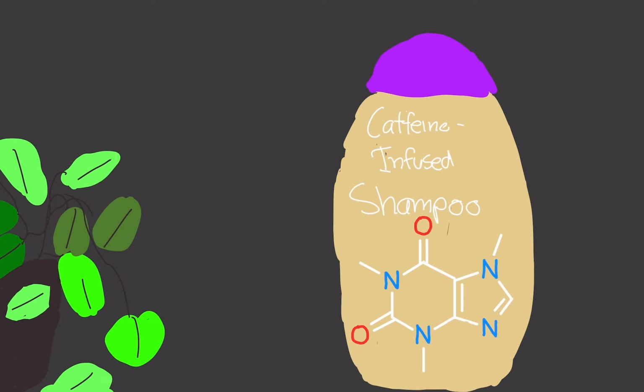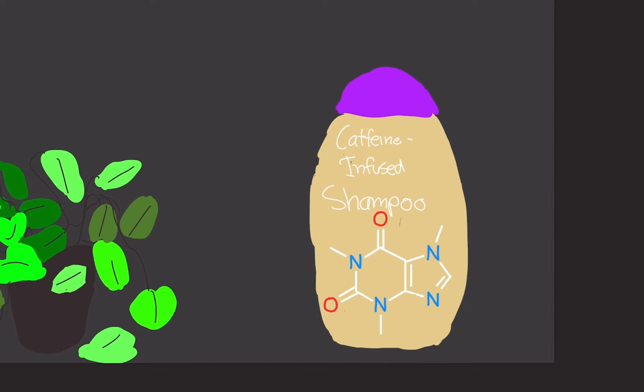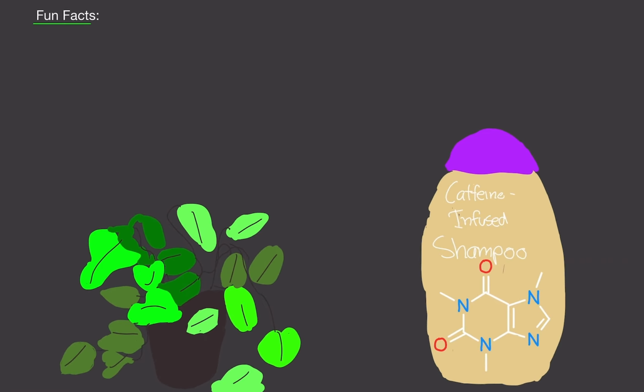Now, you may see this in a grocery store, like a Target, Walmart, or wherever you're from: caffeine-infused shampoo. The reason they're doing this is it says it makes your hair grow longer and thicker. It's a scam. There is absolutely no evidence that caffeine actually does this.